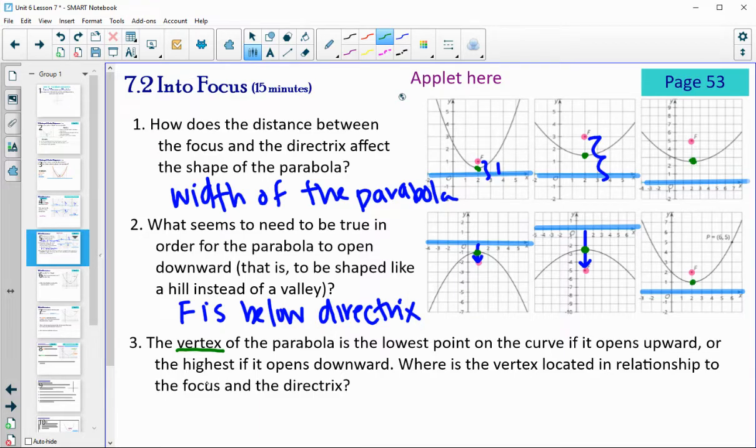It's got a dot there. Where is the vertex located in relationship to the focus and the directrix? And it appears like it's in the middle or in between.